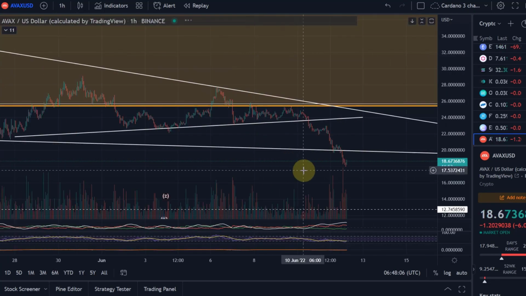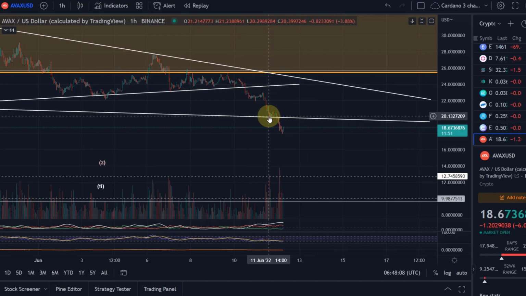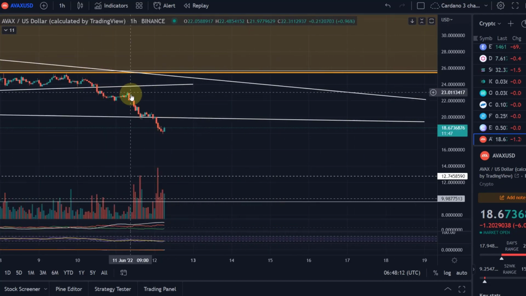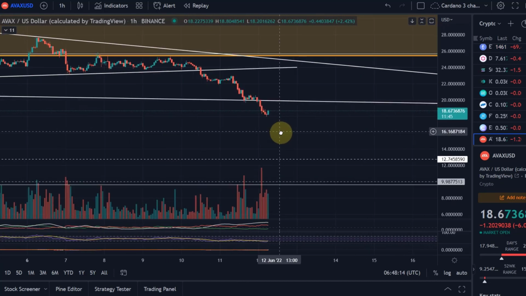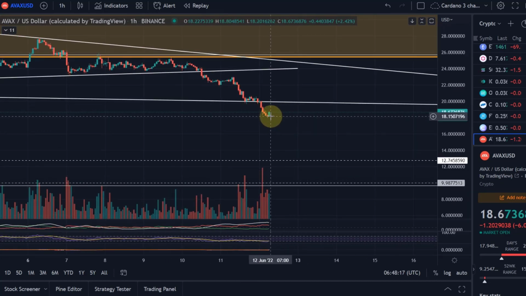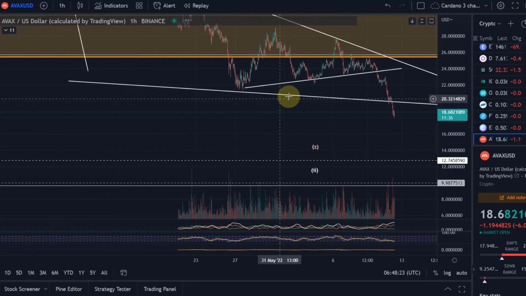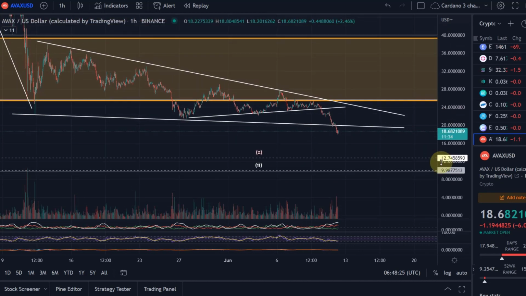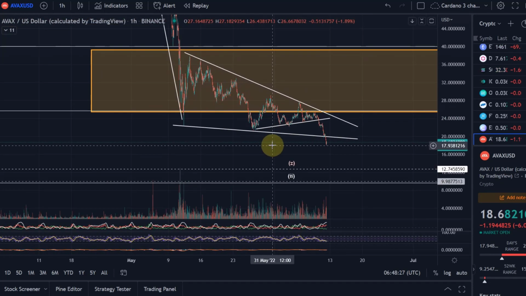And on the hourly, you can see how weak those moves up are, very corrective, which means that the moves down are very impulsive. They are much steeper, and I could imagine that we might retest the wedge from below. That would be now at pretty much $20. Yeah, if we get back above $20, we're back in the wedge. That would then be not bullish, but at least less bearish.